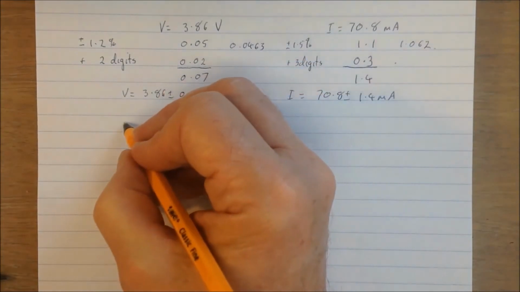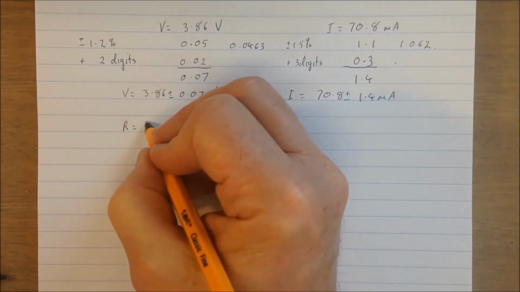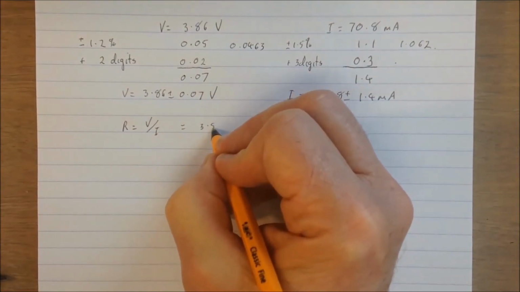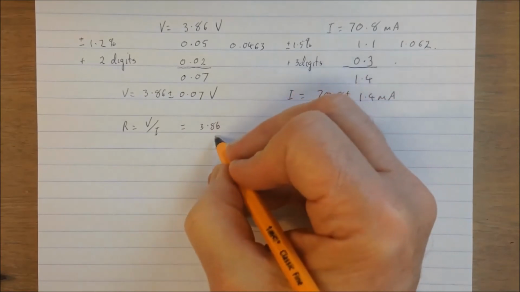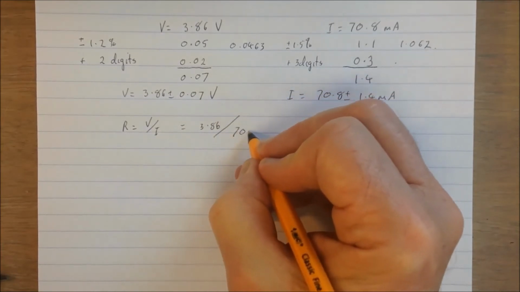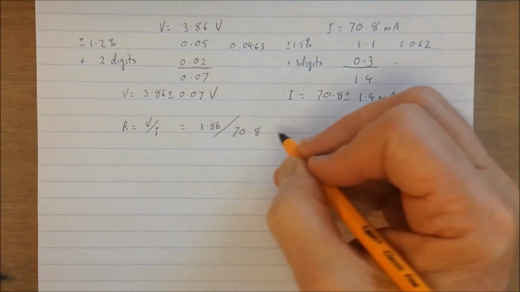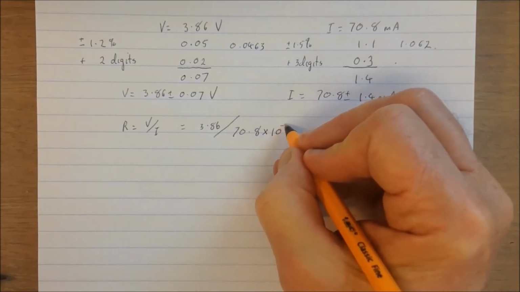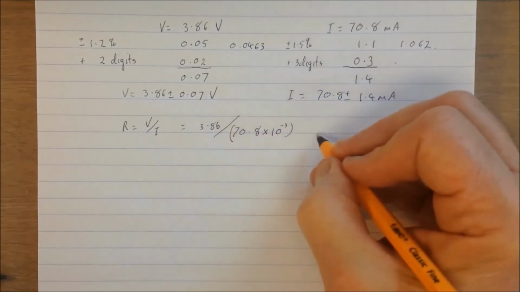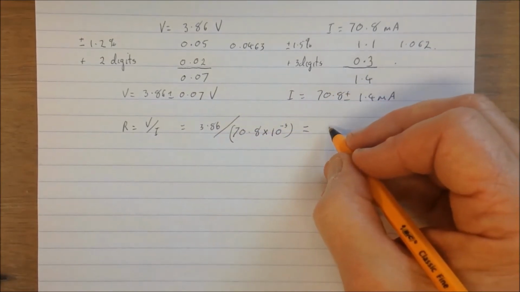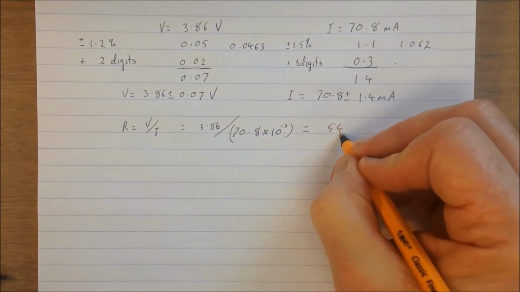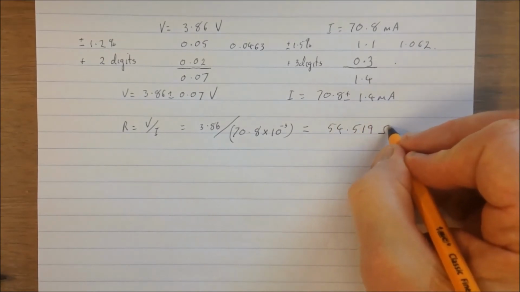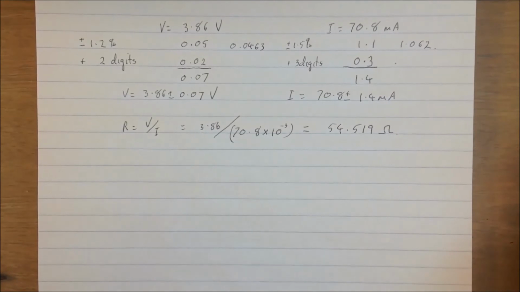Now to calculate the resistance, R is just V over I, which is 3.86 volts over 70.8 milliamps. But to convert that to amps, 70.8 milliamps is 70.8 by 10 to the minus 3 amps on the bottom line, and multiplying that out it comes to 54.519 ohms.